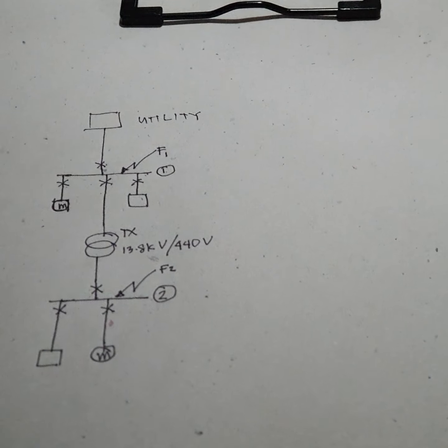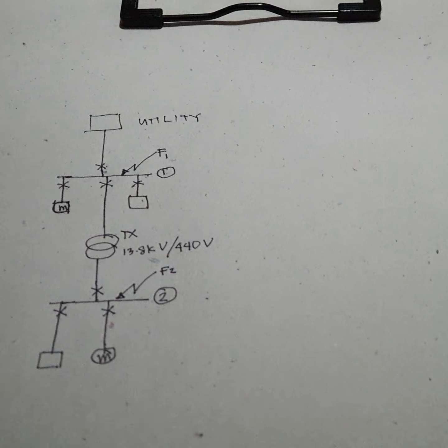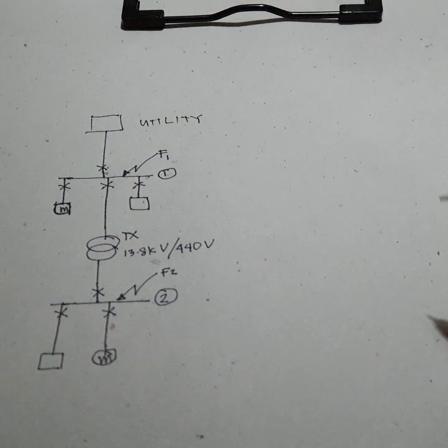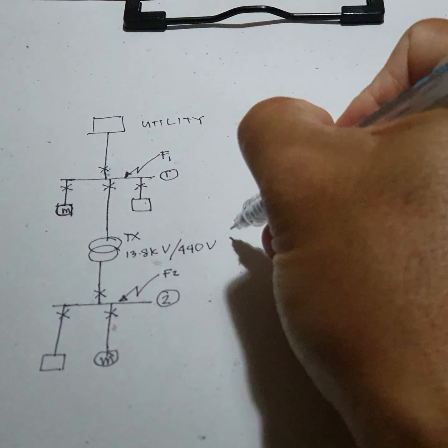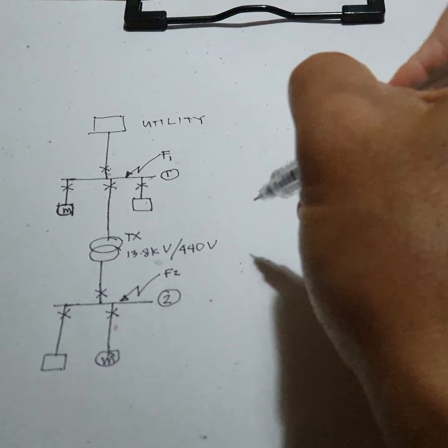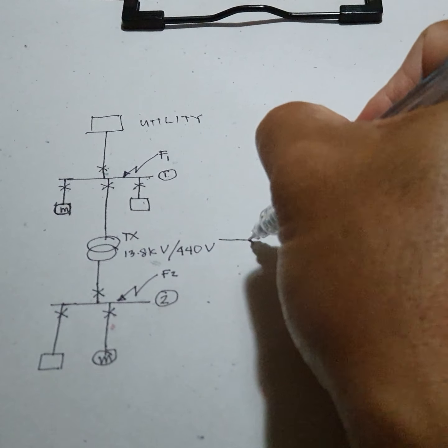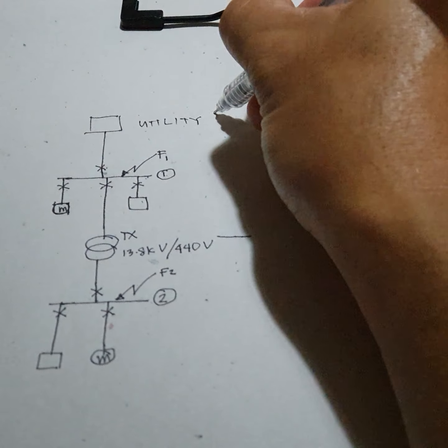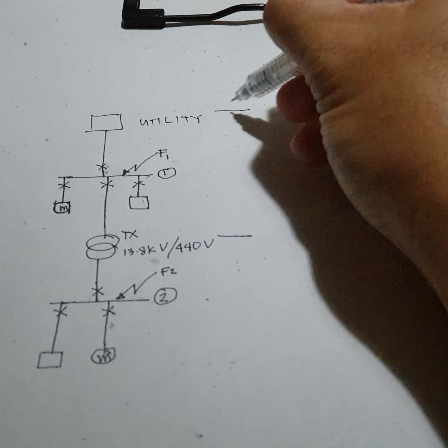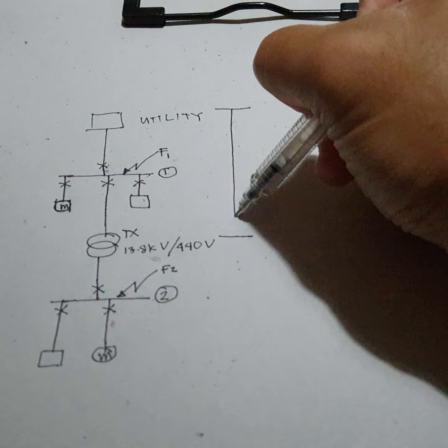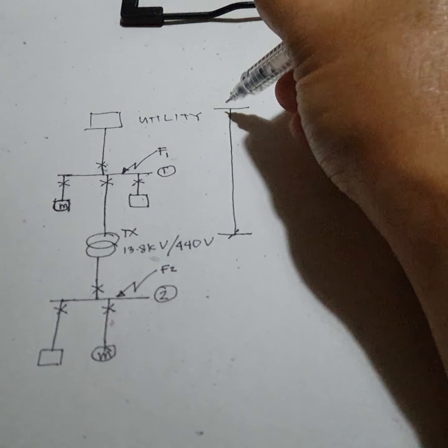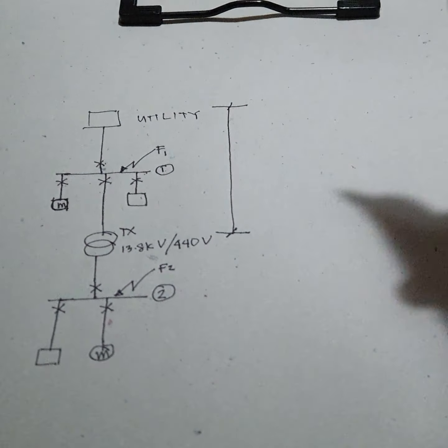Okay, so next, you have to indicate the voltage. It's up to you, but for me this is the way I review a power system. So you have the voltage here from the utility up to the primary terminals of the transformer.